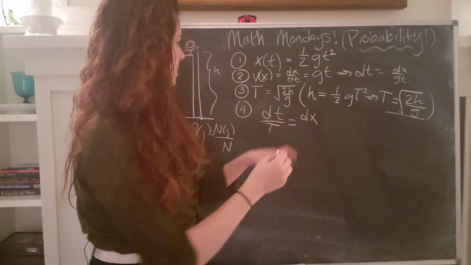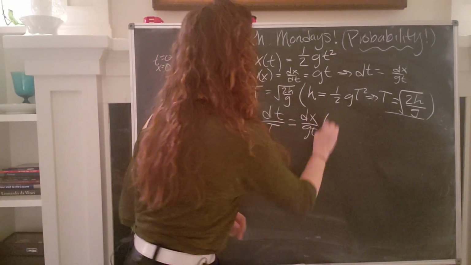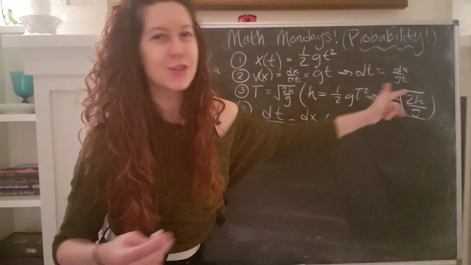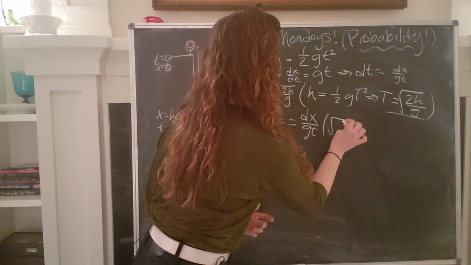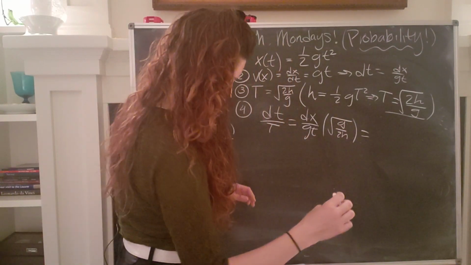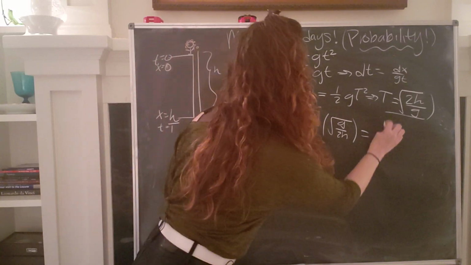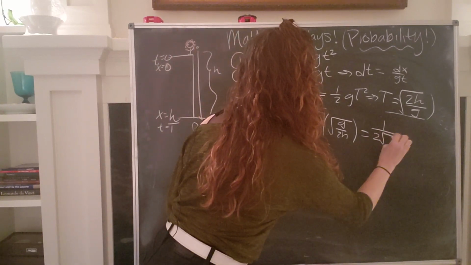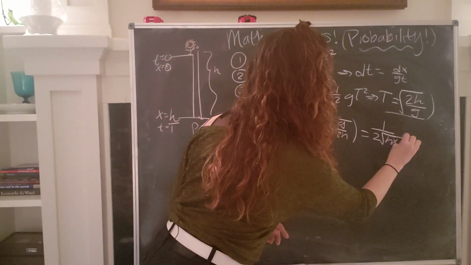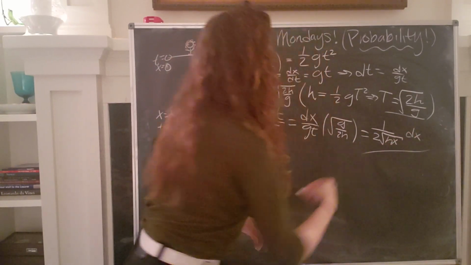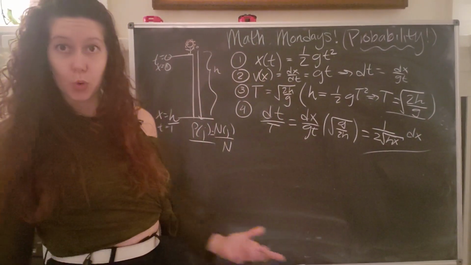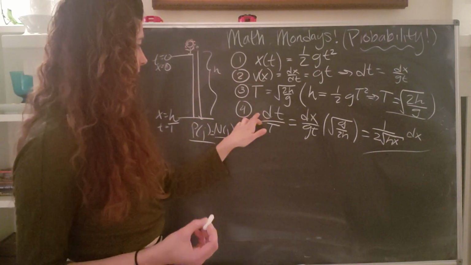We're going to replace dt with dx over gt times 1 over T. So I can do that if I just flip this. That's going to give me the square root of g over 2h. And I can simplify to get 1 over 2 root hx times dx. Okay, so this should be my probability density.